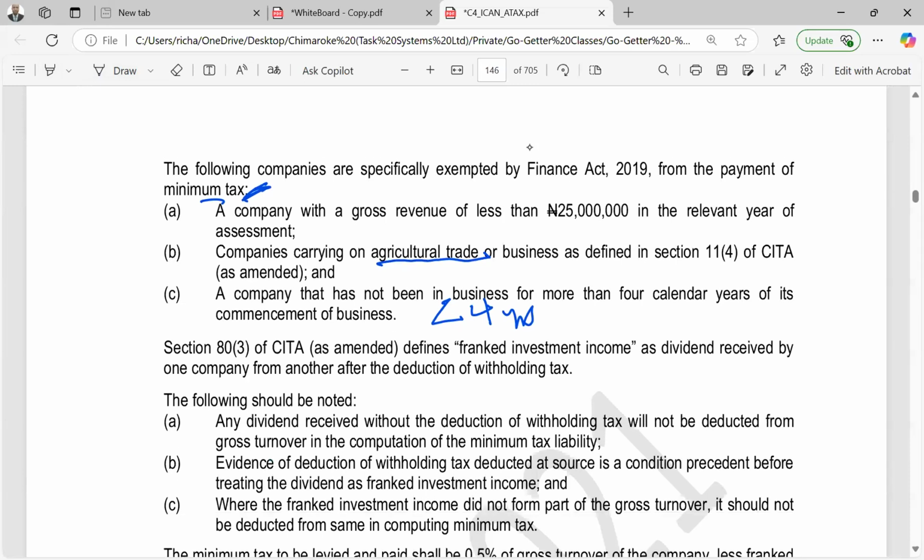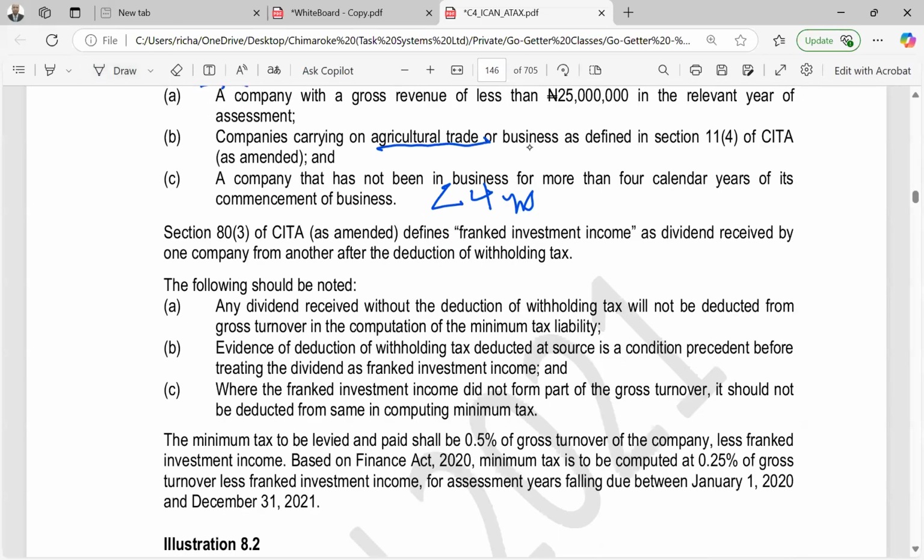Now, we know something called frank investment income. We will be seeing them when we are taking the next topic, which is going to be taxation of investment income. A frank investment income is dividend received by one company from another company after the deduction of withholding tax. We'll talk more about it when we are talking about dividend income.